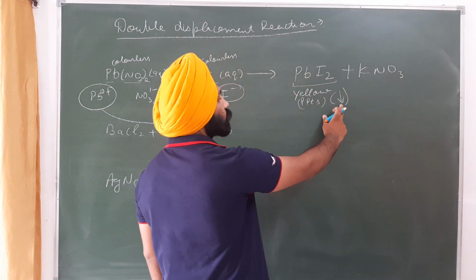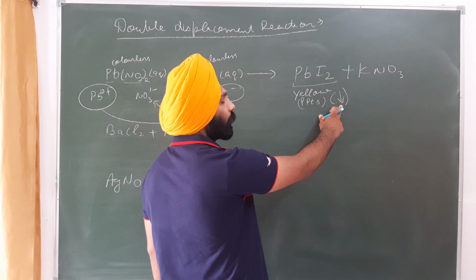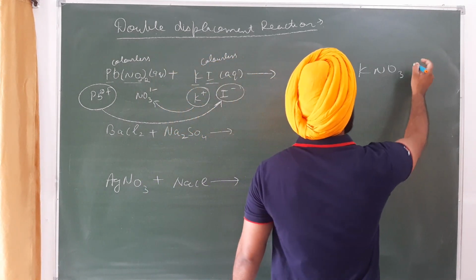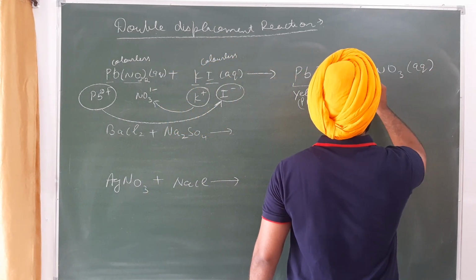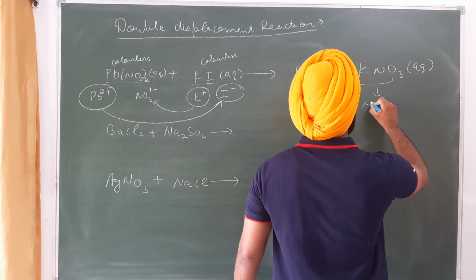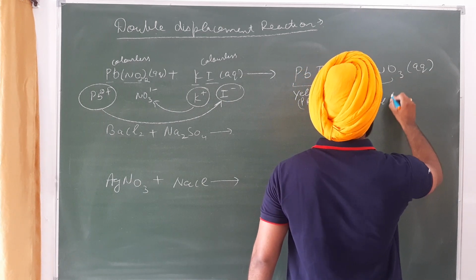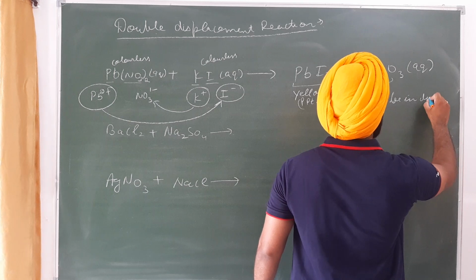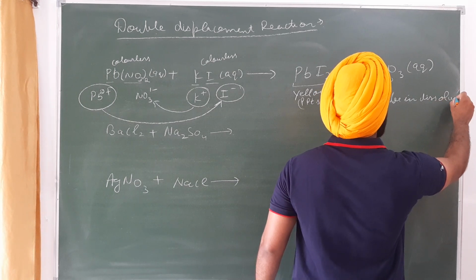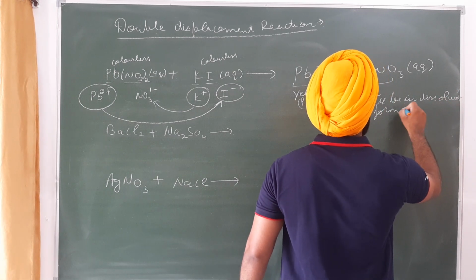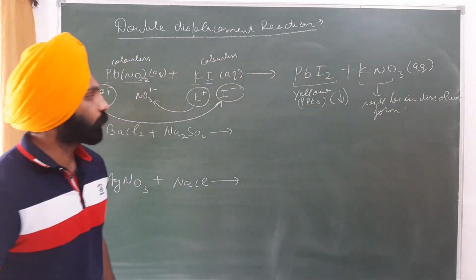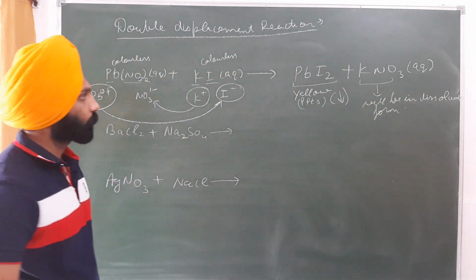This sign shows the settling down of the PPTs, and this is aqueous solution. It means KNO3 will be in dissolved form.